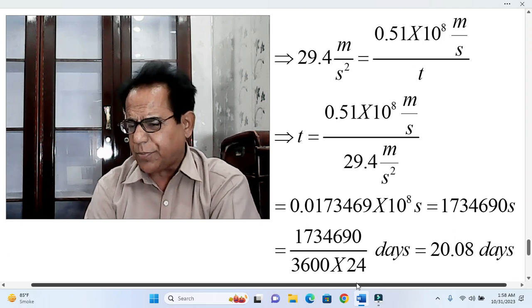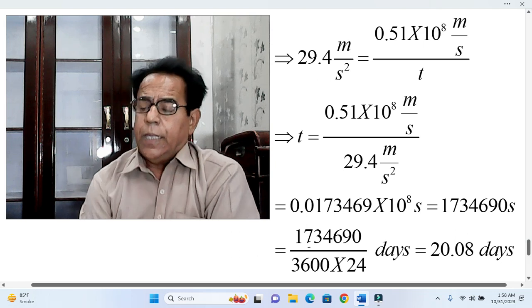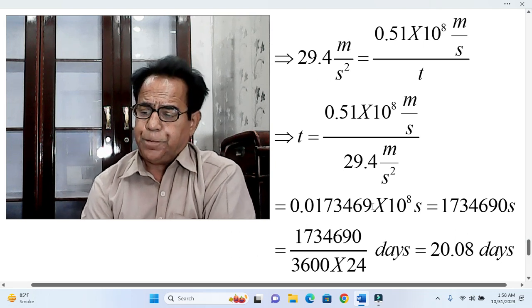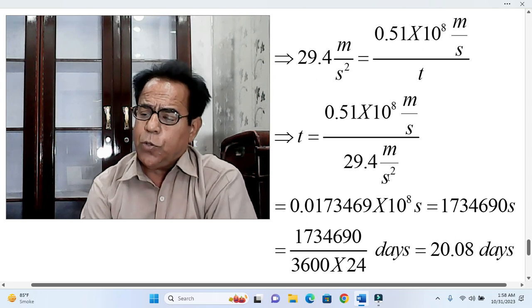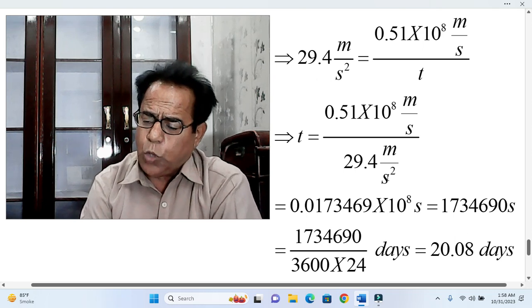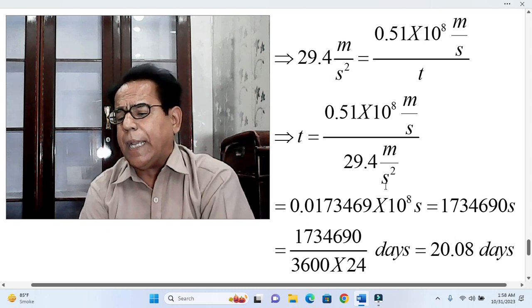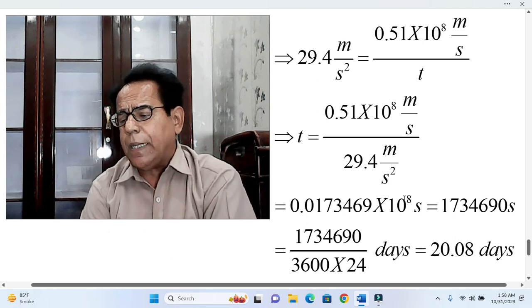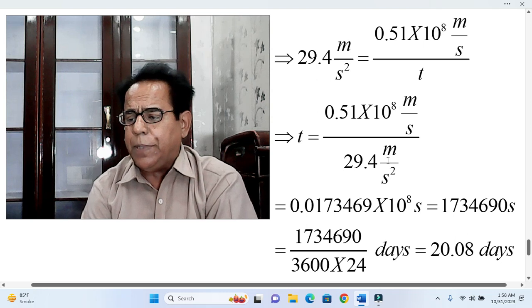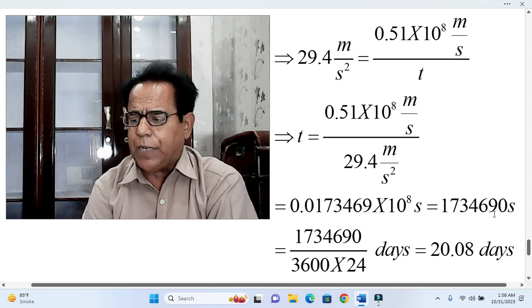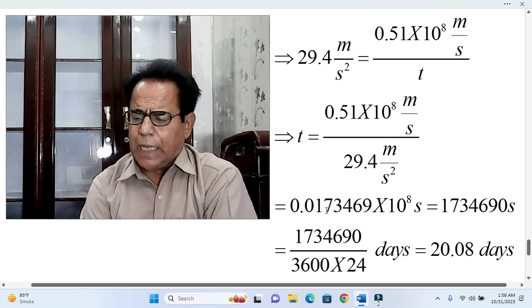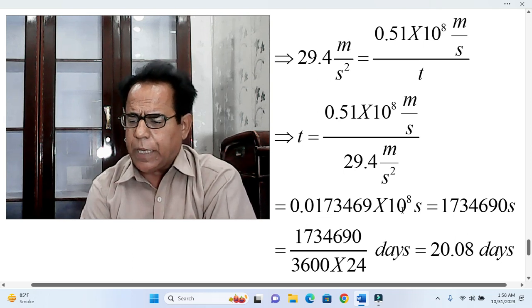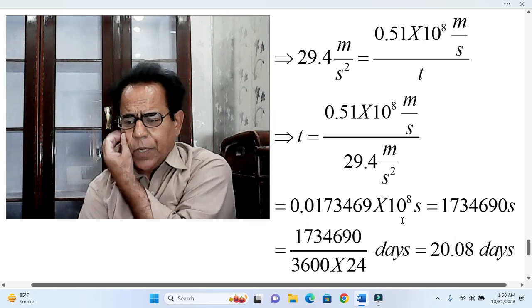Okay, next this second square which is in the lower part of the denominator will be shifted to the upper part of the numerator, and hence second will appear in the numerator while meter will be cancelled with meter, and after simplification we will get 0.017349 into 10 raised to the power 8 second.